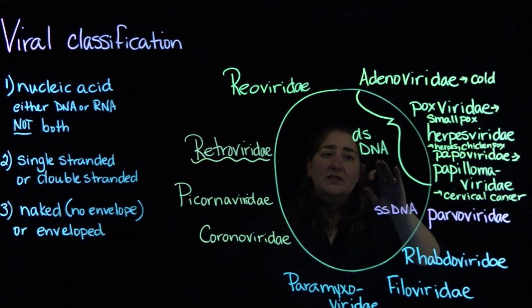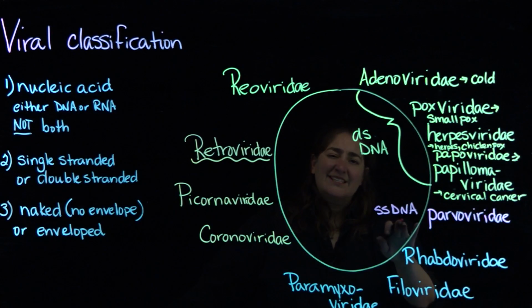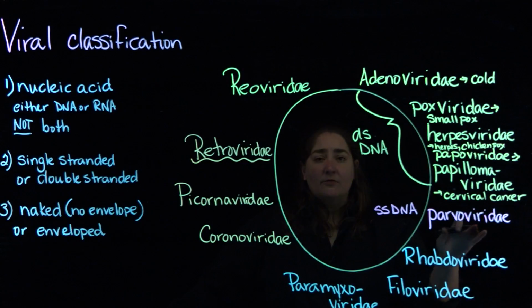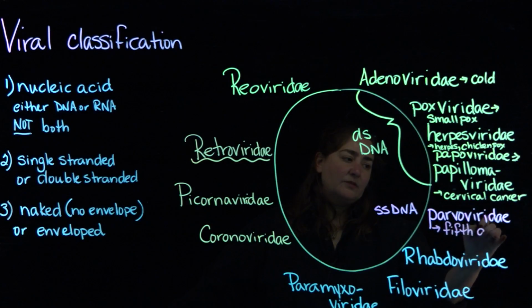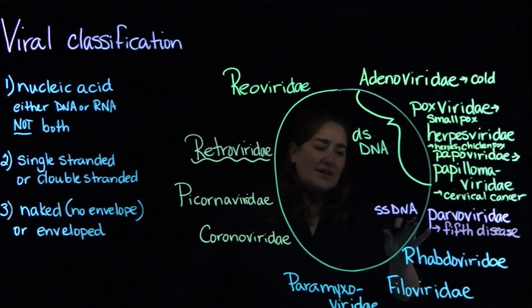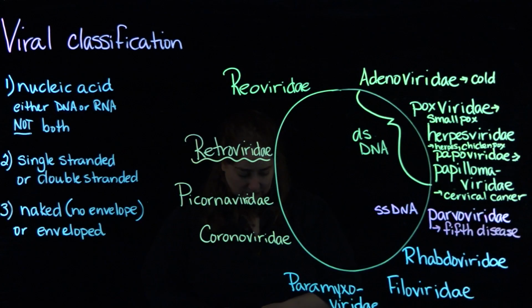And that makes sense because DNA normally exists as a double strand. It doesn't tend to exist as a single strand, although it does with Parvoviridae, the family Parvoviridae. The disease that's associated with this is fifth disease. Okay? So that's a single-stranded DNA virus.